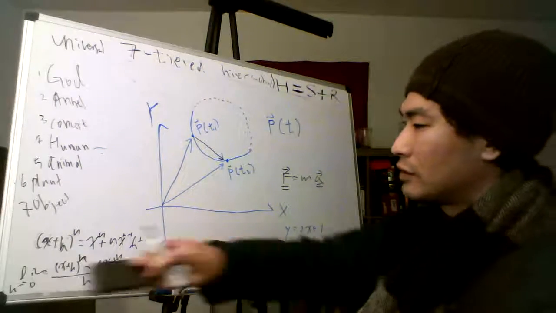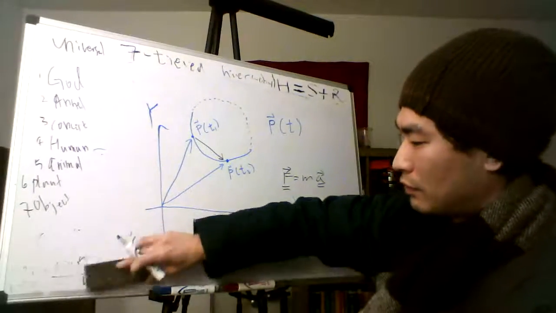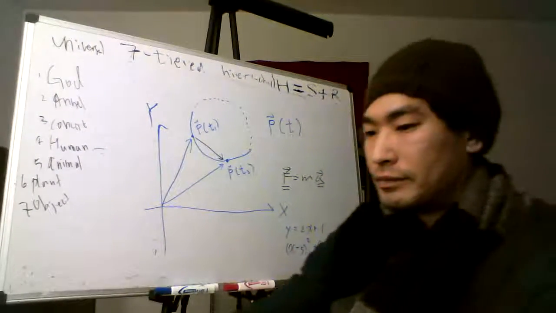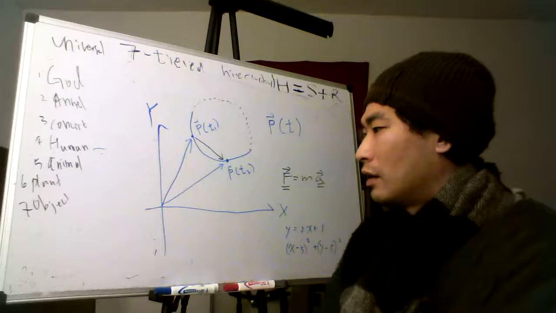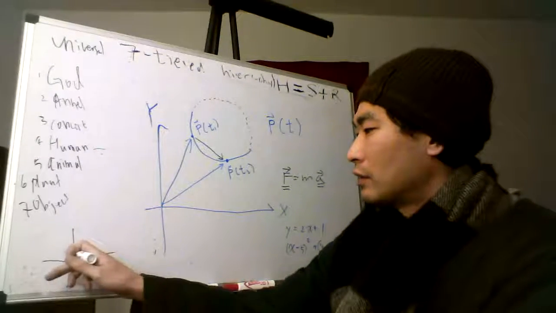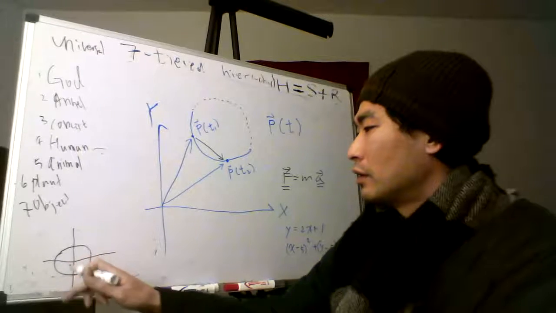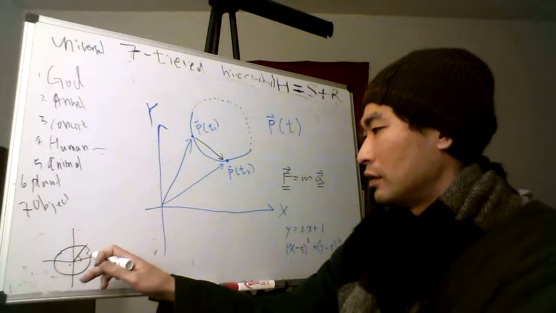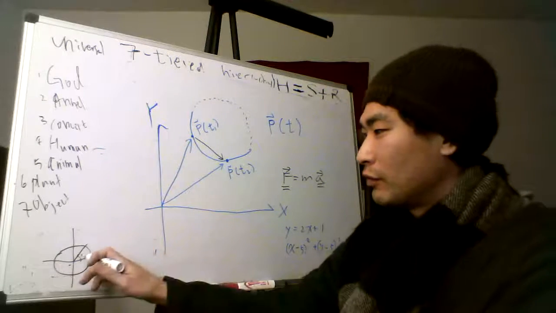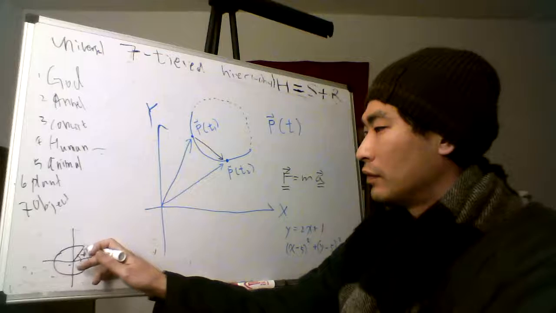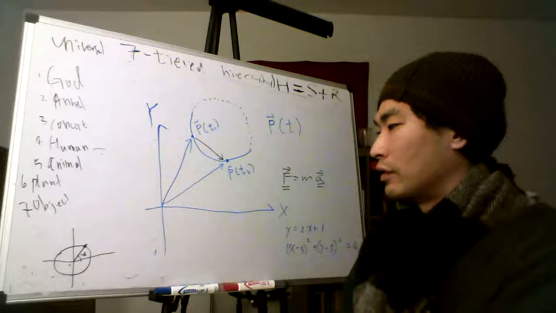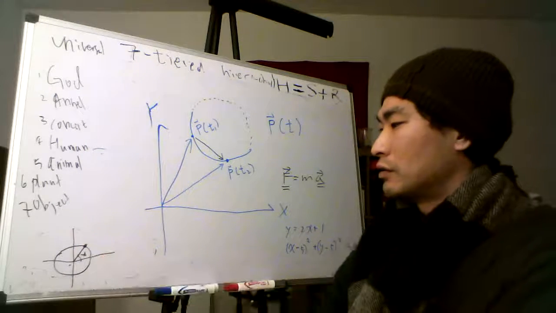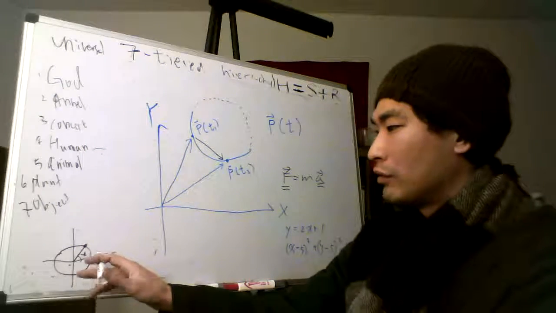As a side, just for fun. Let's say this circle is centered at the origin, and let's say time corresponds with the angle of this position vector. Let's say the position vector goes around on the circumference of this circle, and time corresponds with angle.